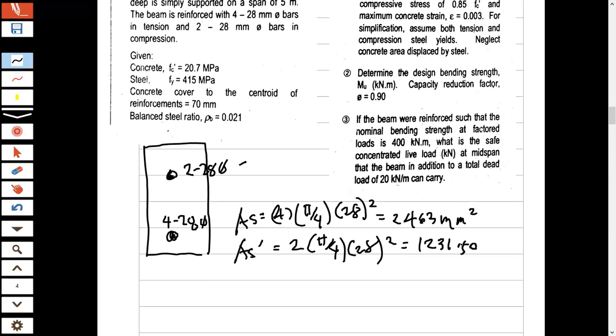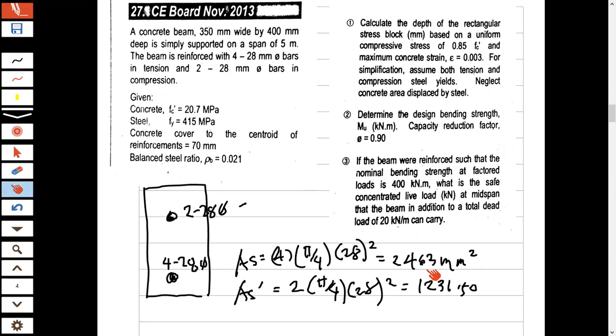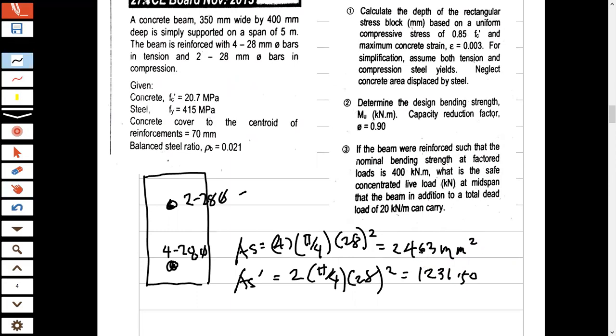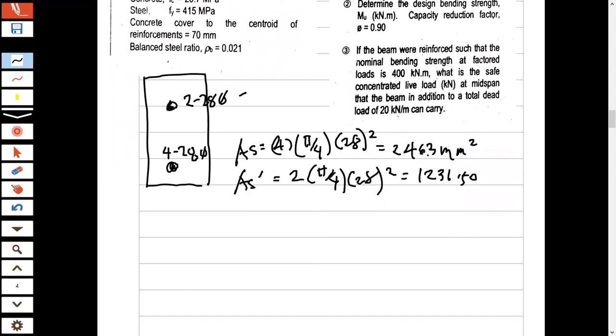1231.5. Okay, so the first question says, calculate the depth of the rectangular stress block based on a uniform compressive stress of 0.85 fc prime and maximum concrete strain 0.003. For simplification, assume that both tension and compression steel yield. Neglect concrete area displaced by steel. So the question is to compute for a.